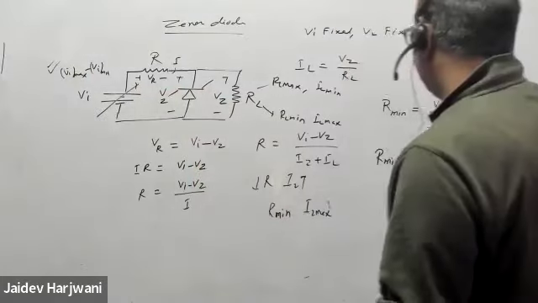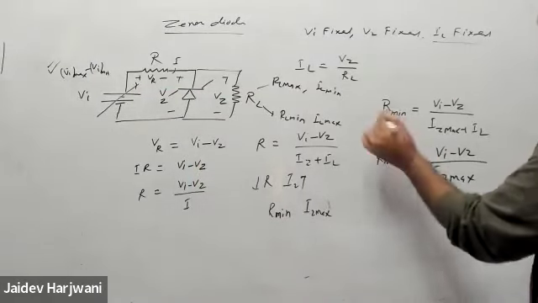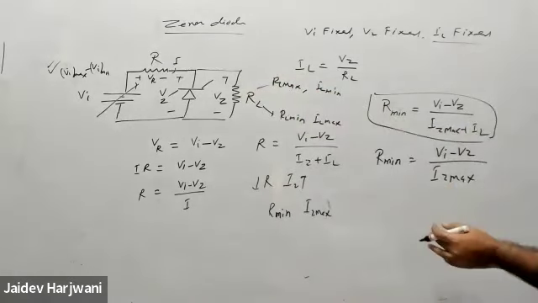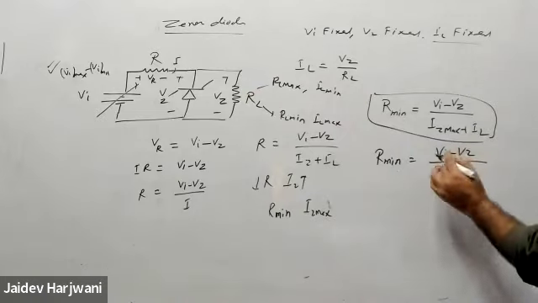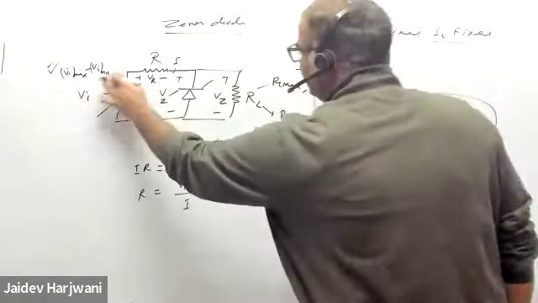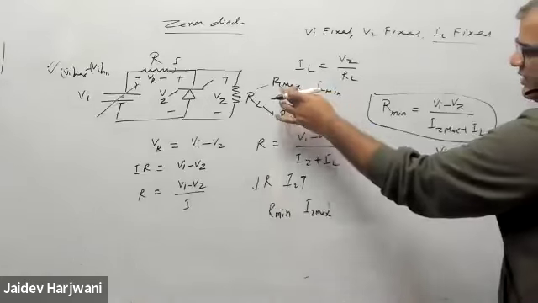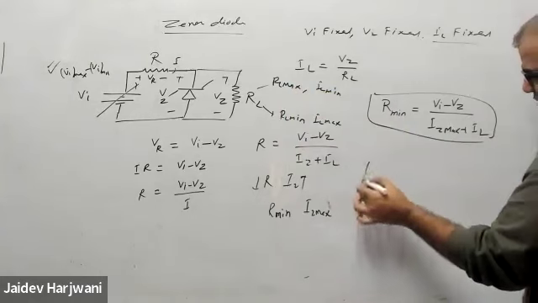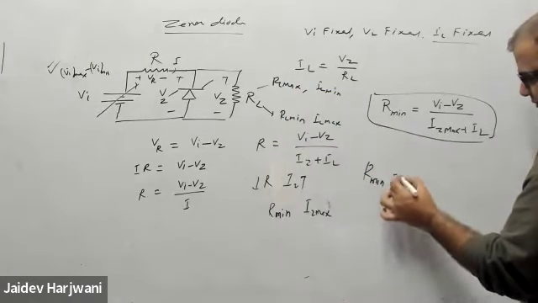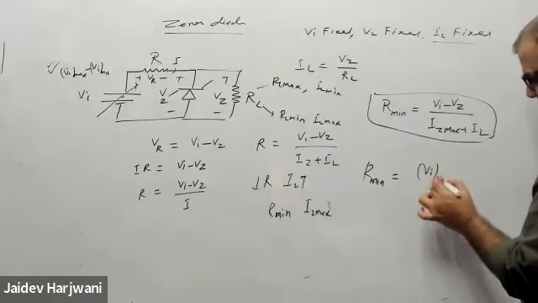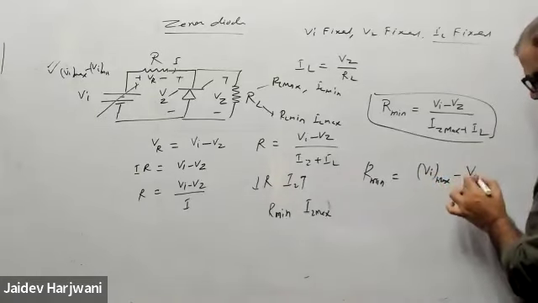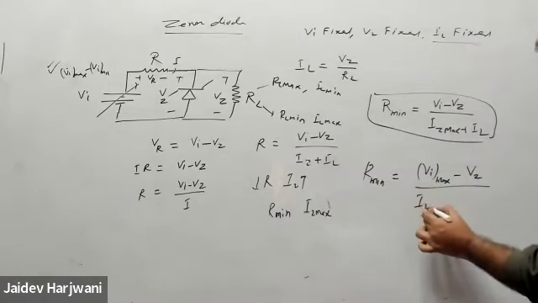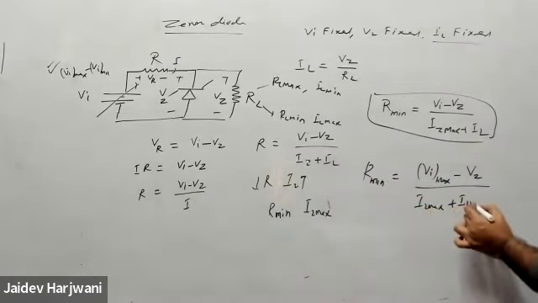Whenever the circuit is given, this formula is very clear. If V input varies from max to minimum, and R also varying, or IL also varying, in that case you can put the formula R minimum equal to (VI max minus VZ) divided by (IZ max plus IL minimum).